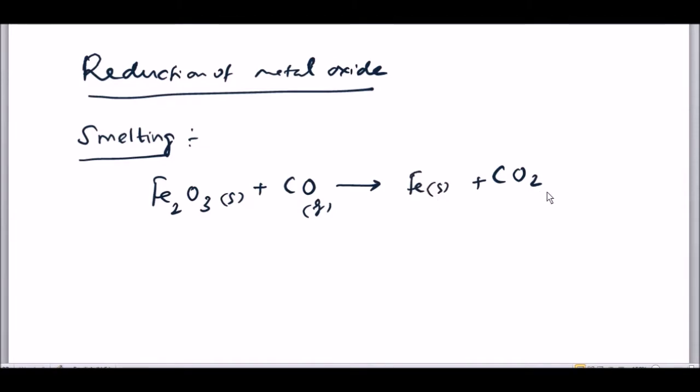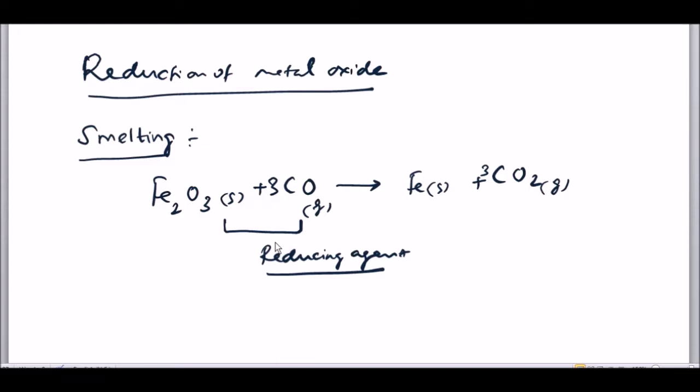So this is what is happening in the reduction procedure. In particular, we get 3 times carbon dioxide gas when you take 3 times carbon monoxide. So carbon monoxide is playing a role called reducing agent. Why is this called a reducing agent? Because it is going to accept oxygen from this.